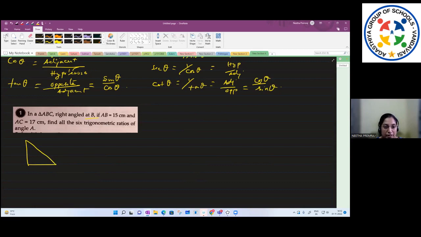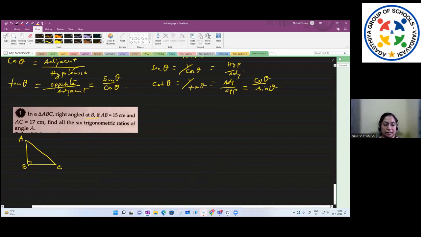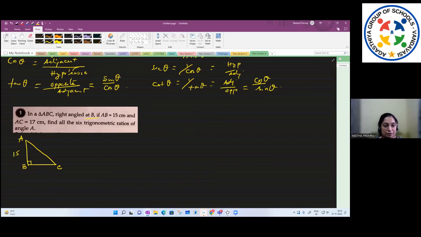Here it is right angled at B, so you name that right angle vertex B. AB is 15 centimeter and AC is 17 centimeter. Find all trigonometric ratios of angle A. Before finding this, you first find this.